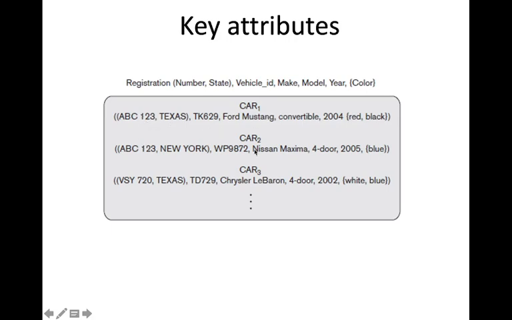So car 1 and car 2 have two key attributes. Like that, car 3 has another. And if you see, color is a multi-valued attribute. That is why it is represented in braces. This car is red and black. This car is blue alone. This car is white and blue. Okay. So here, this is a composite key attribute and this is a simple key attribute.